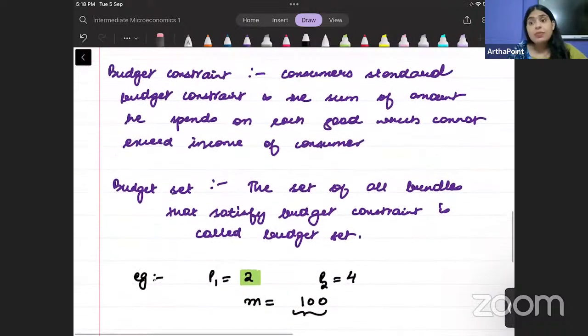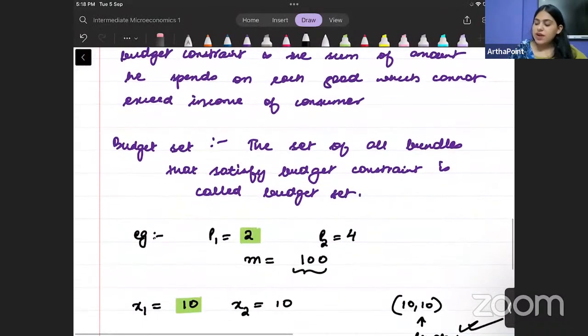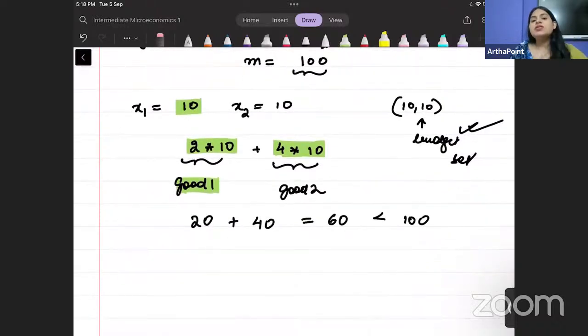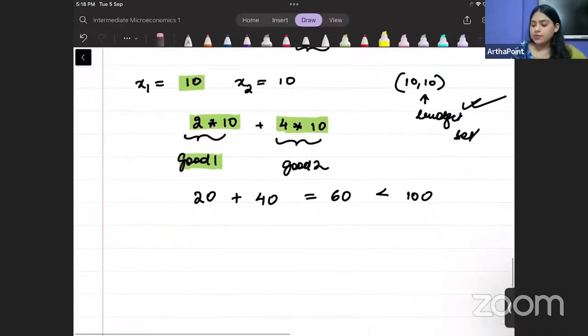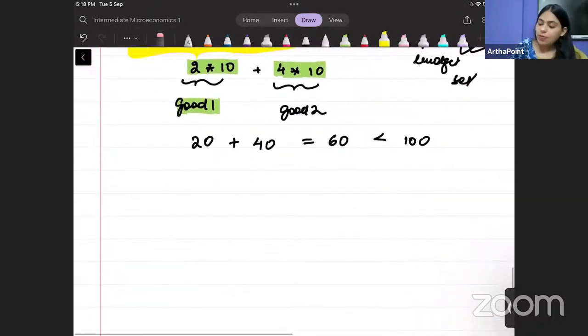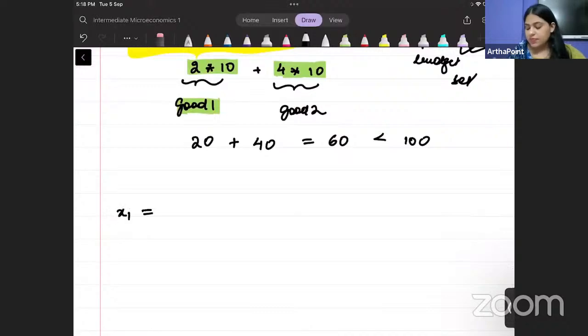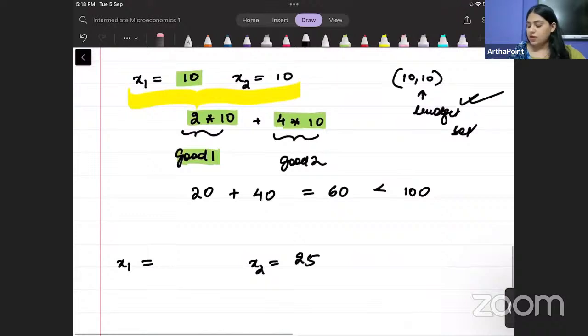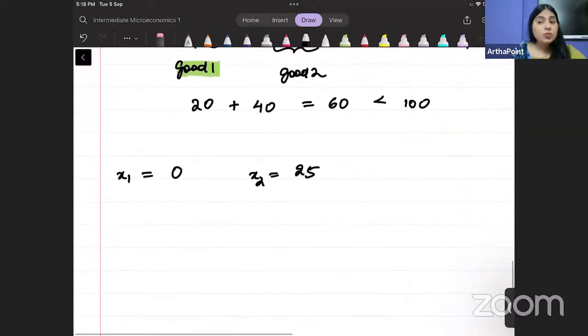Budget set में वो सारे bundles आएंगे such that you spend less than or equal to the income. Less than is also fine. But budget line will have those bundles where you spend exactly your income. So is this on the budget line? No. What can be a point on the budget line? Maybe something like this. Suppose beta x2 is, let's say, 25 and x1 is 0. How much money are you spending on x1?